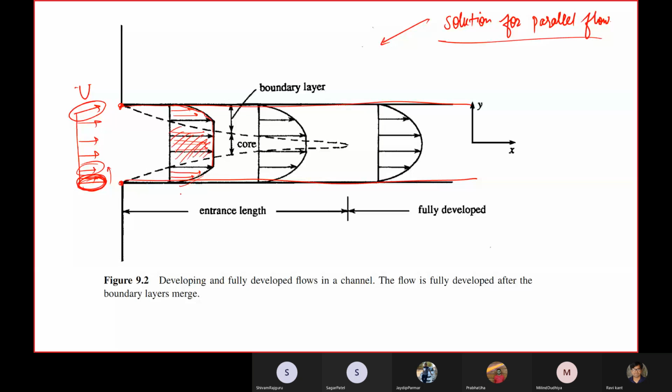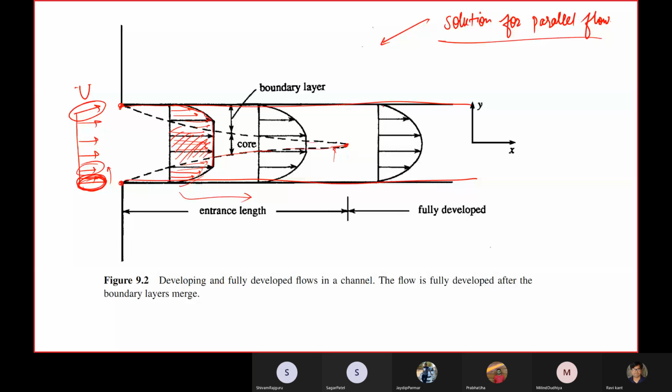The moment you go forward, the momentum is going to diffuse in the y direction as well. So it keeps on diffusing, and you will reach a section where these two sections meet, and after that there is no transient diffusion of momentum in the y direction.